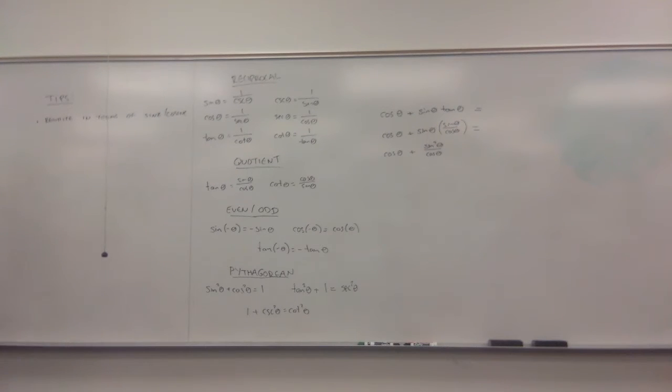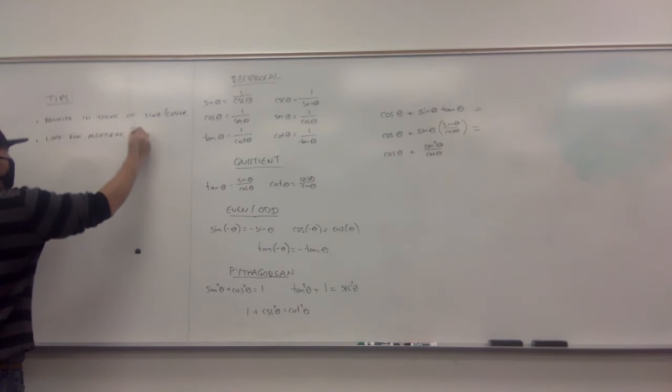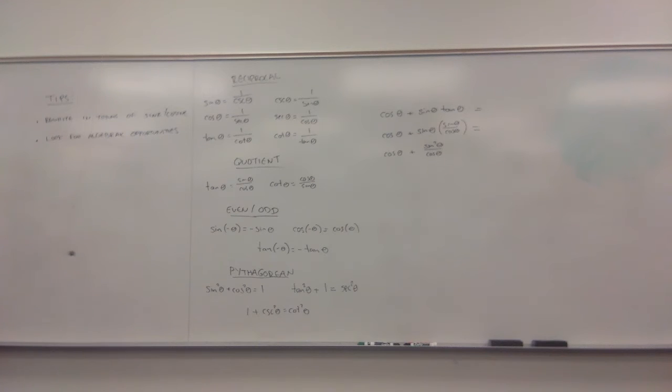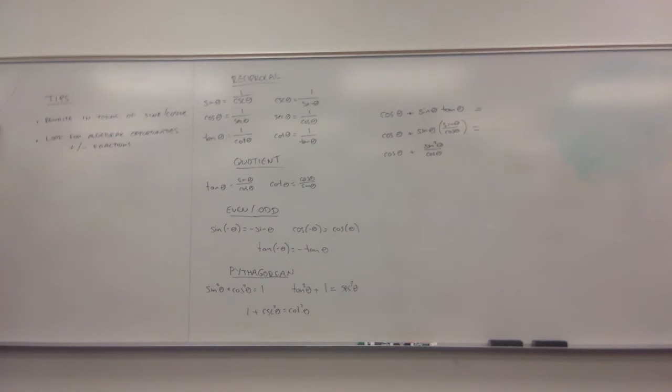Okay, so adding to this list of tips for simplifying or verifying trig identities, in addition to rewriting in terms of sine and cosine, we should look for opportunities to use algebra. These algebraic opportunities, we're not going to be able to enumerate all of them, but I'll give some examples of what I mean by algebraic opportunities. If we can add or subtract fractions, sometimes that will again reveal relationships or structure in our expression or equation that we didn't see before.